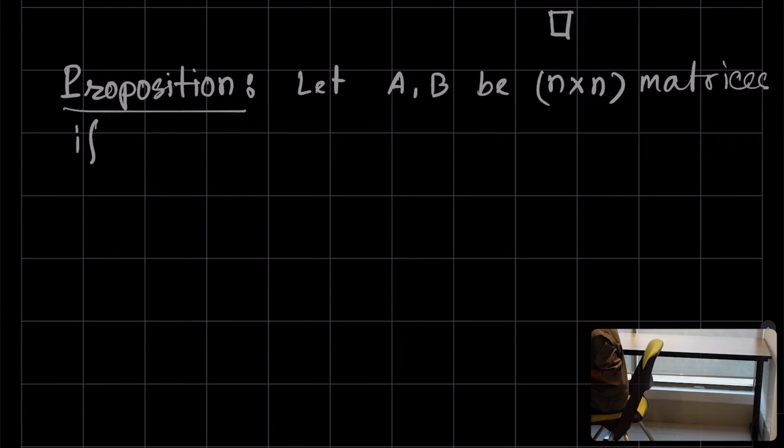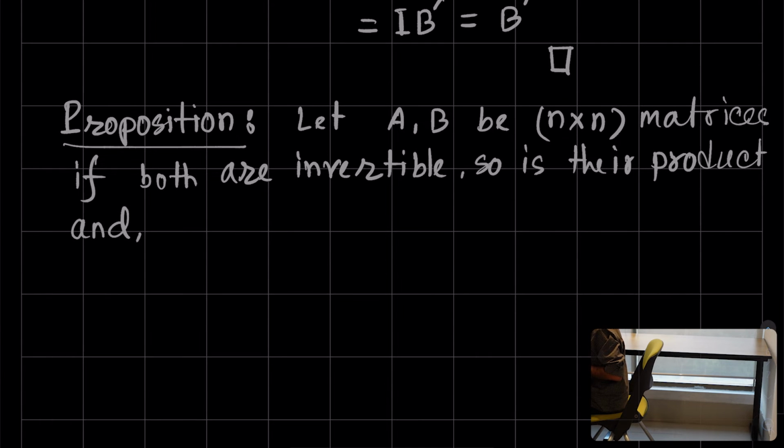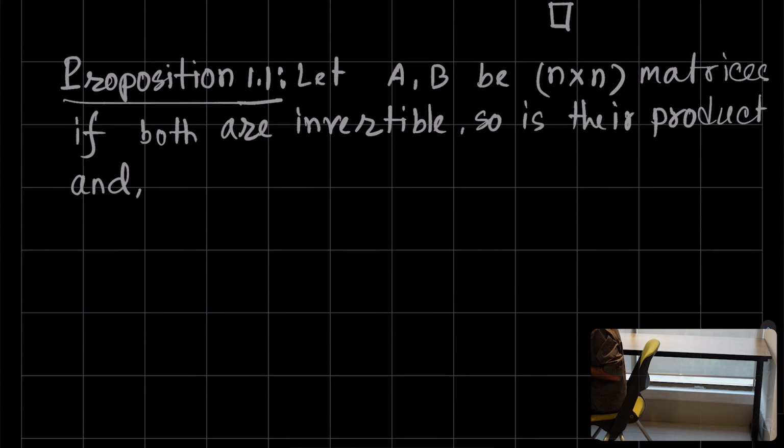If both are invertible, so is their product, and given by, let's say this is 1.1, AB inverse equals B inverse A inverse.